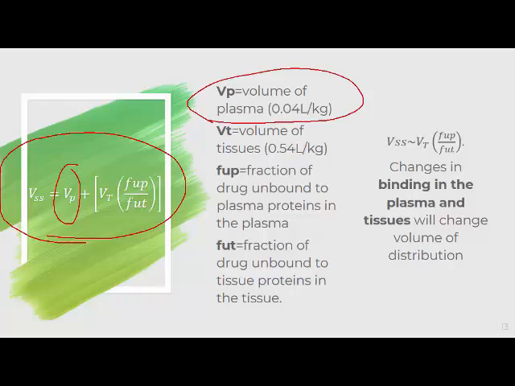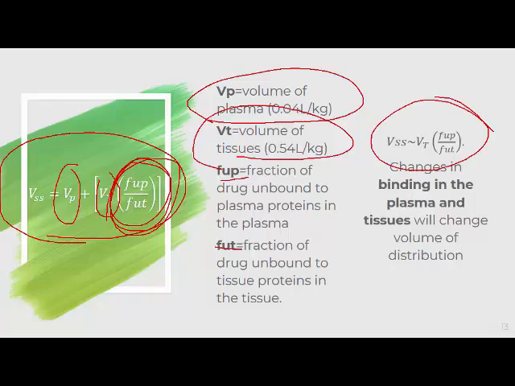And then we also have our volume of tissue, which is 0.54 liters per kilogram in a person. And then we have this all-important relationship between the fraction unbound in plasma and fraction unbound in tissue. And we know that it really comes down to this relationship here, and it's really all about these changes in plasma and tissue binding that will result in changes in the volume of distribution.